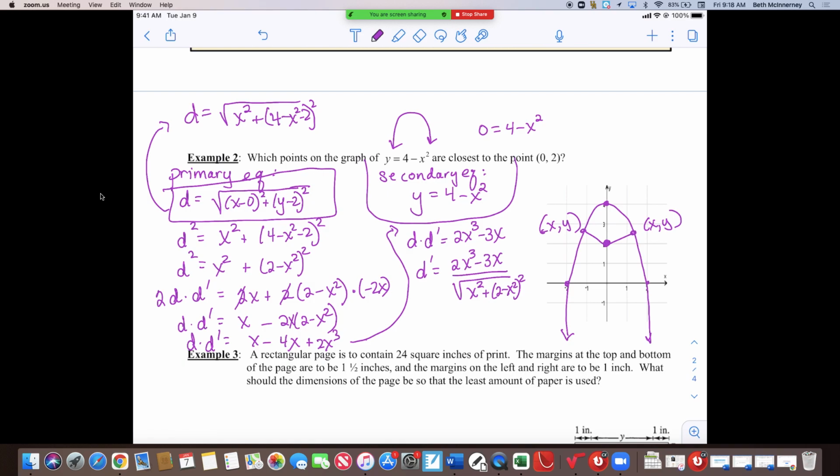Okay, so now I need to find the critical points. And that'll be where the numerator is 0. So that's going to be 0 or 3/2.